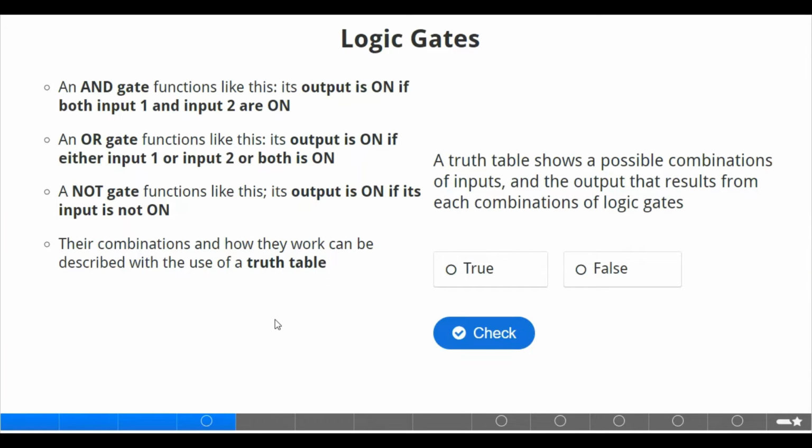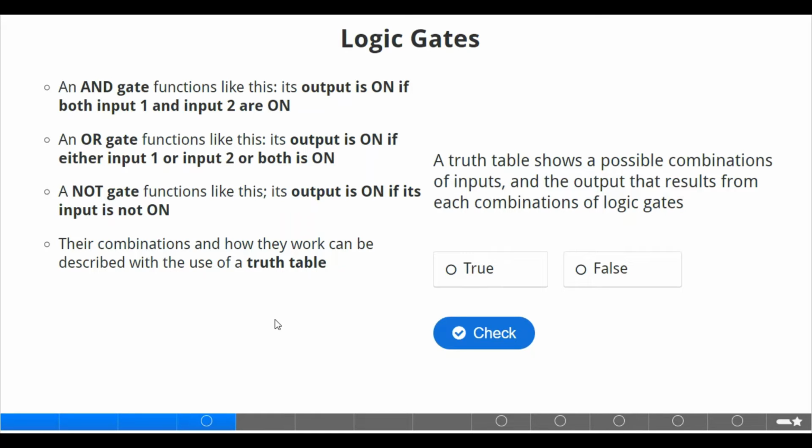Now, still dealing with logic gates, an AND gate functions like this. Its output is on if both input 1 and input 2 are on. That means if those two sides on the left are on, then the output, which is on the right, will be on.